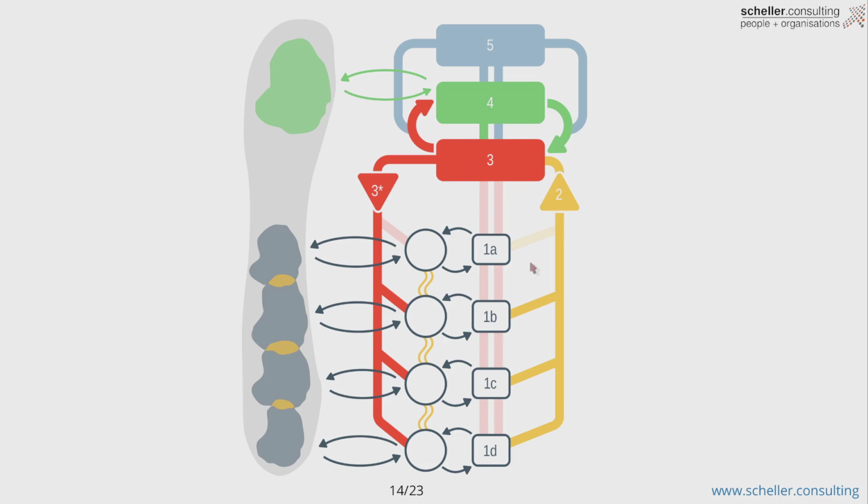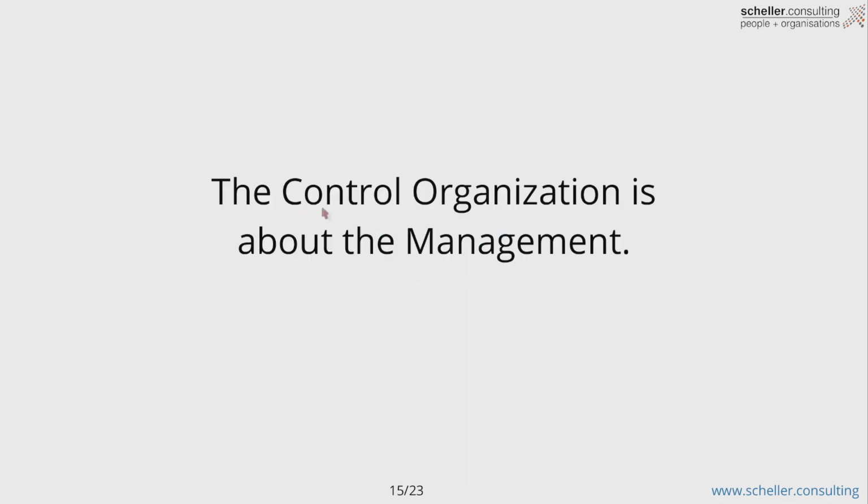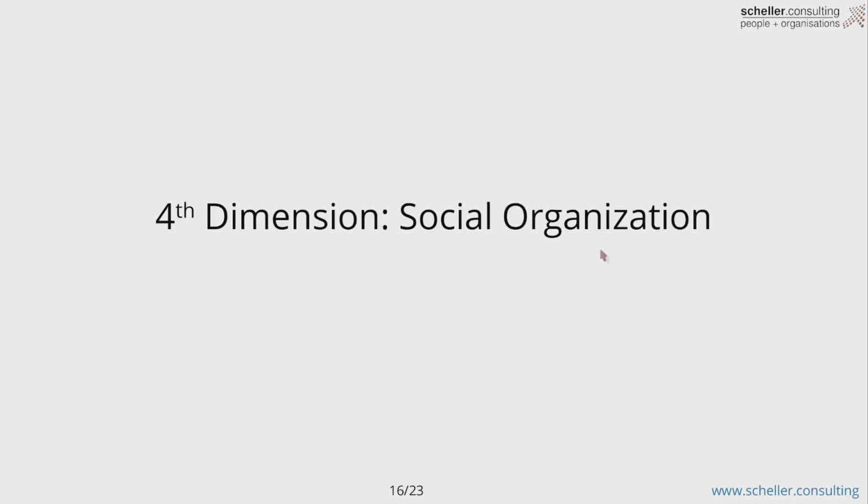So that's the structure, and how these functions are connected. And every function needs to be in place, and needs to be aligned, and needs to be designed and developed. Otherwise, the company would die sooner or later. So the control organization is about the management of the organization.